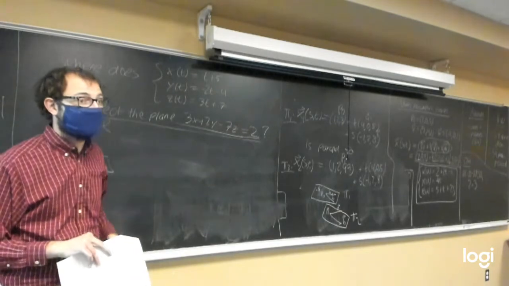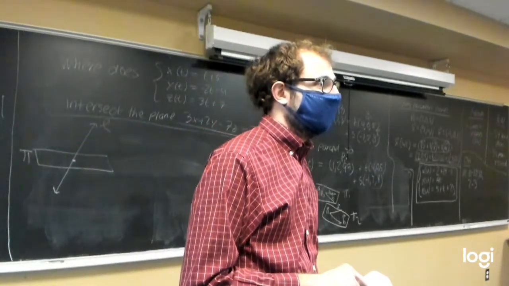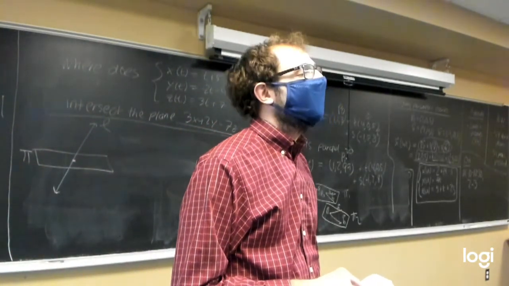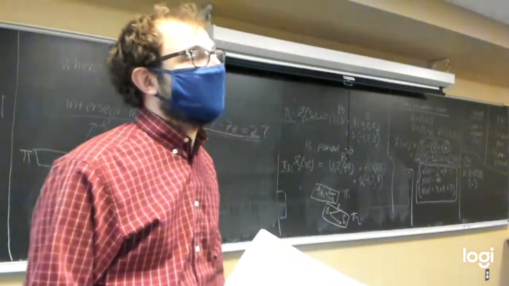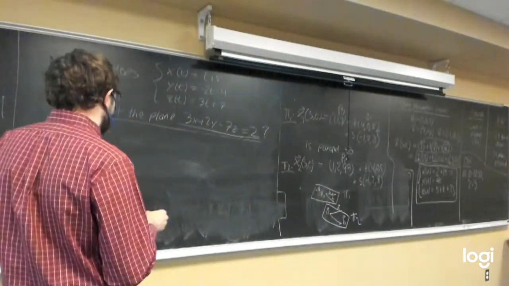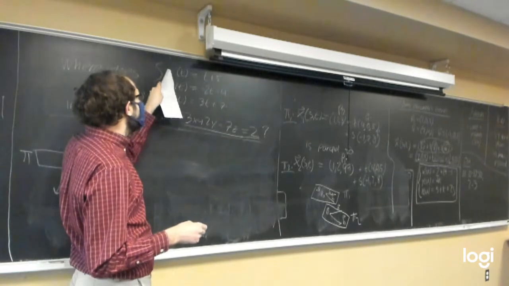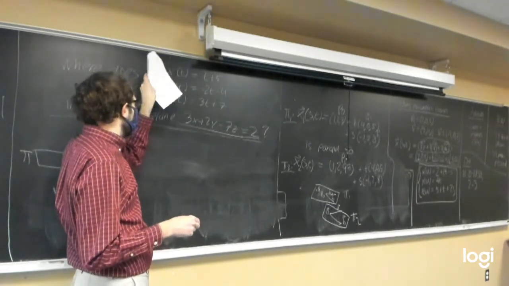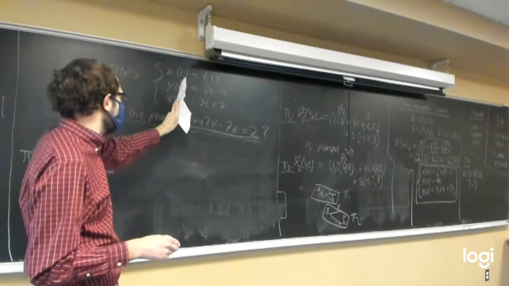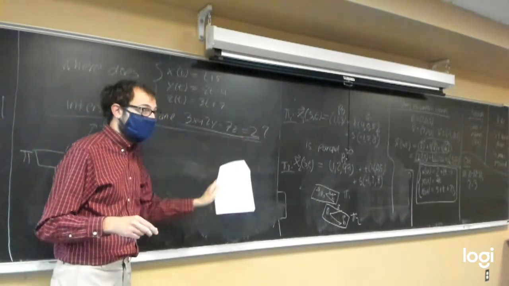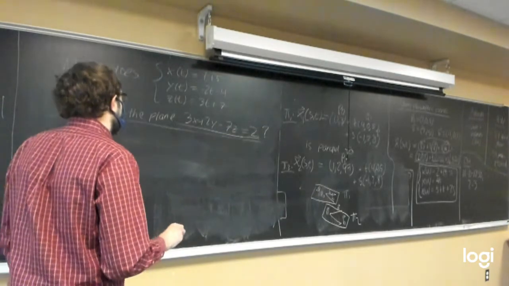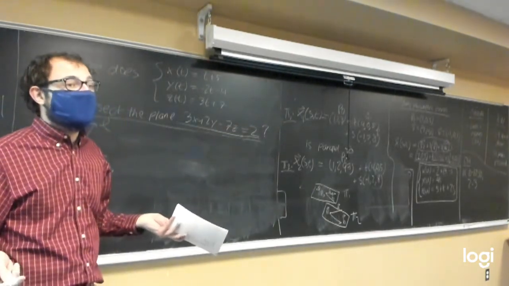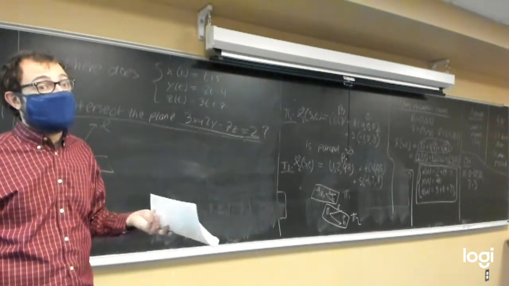Agree? You can plug in the x, y, and z values into the plane. I think that's going to be the best approach to take, yeah. Because if we know that these two intersect each other, then we would have some expression we could plug in for t into this equation, where if we did that and set that equal to 2, we should be able to solve for the variable t.